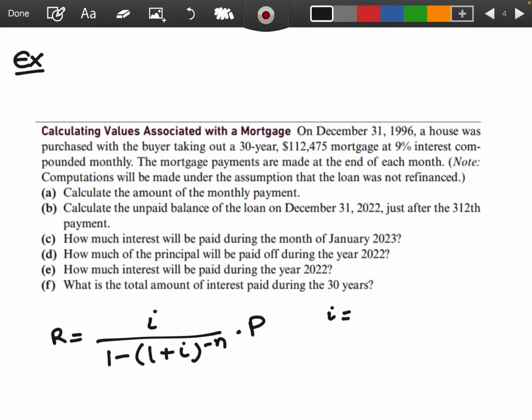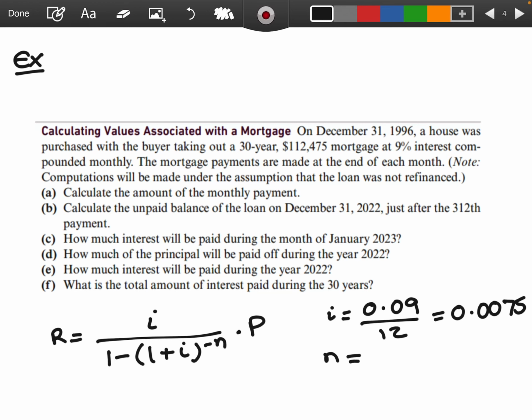Okay, so we've got 9% interest compounded monthly, so that would be 0.09 divided by 12, which would be 0.0075. Then n is the number of payments that we make.